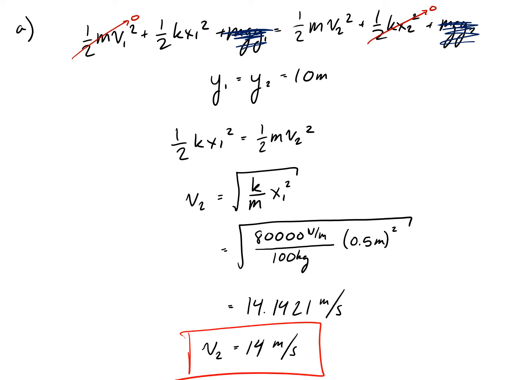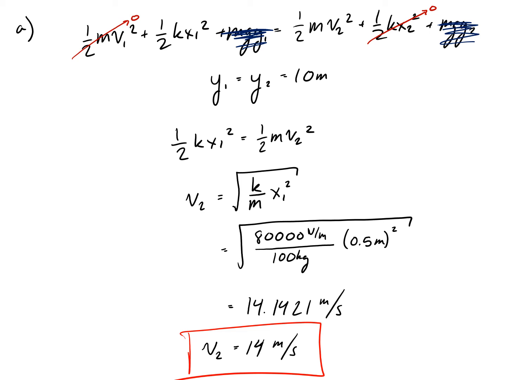What we are doing here is we are launching our student. So the second they come off the spring, they are moving about 14 meters per second. So we've used conservation of energy here, just like we did in our previous lecture, to solve for his speed.